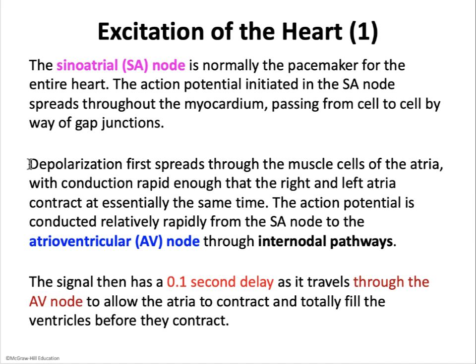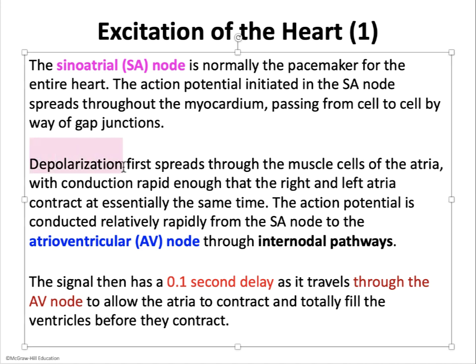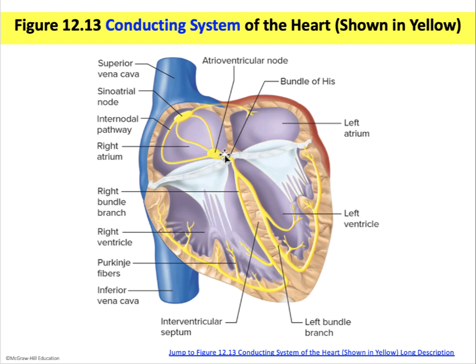Subsequently, the electrical wave of depolarization spreads from the top of the heart to the bottom of the heart through another region called the atrioventricular node. Going back to the figure, we can see that node is right here. The pulse of electricity travels from here to here, and in the meantime, the atria at the top are contracting.